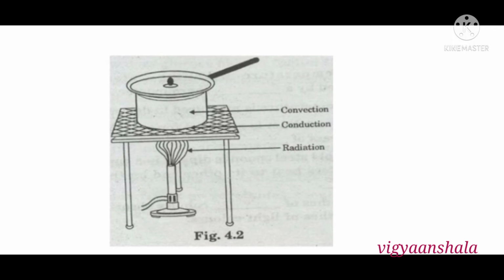And when no medium is required for the transfer of heat, it is the process of radiation. So the heat of the burner will transfer through radiation. And in liquids and gases, the mode of heat transfer is known as convection. So here in this pot, the heat is being transferred by convection.